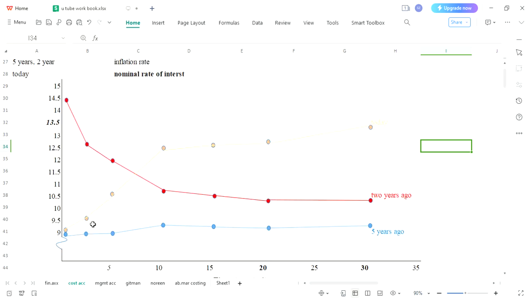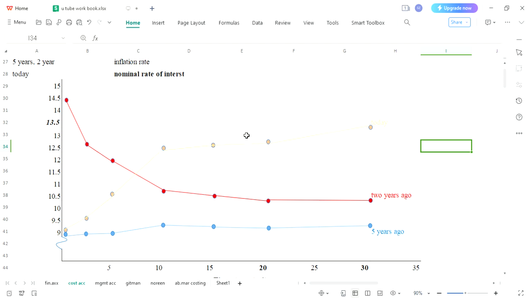Now you can see orange is showing upward sloping. It is going upward, though after 10 years the rate of increasing return has slowed, or the rate of increase between the first and 10th year was more than the rate of increase from 10 years to 30 years. A little bit of slope was disturbed, but in general you can say from the first year to 30 years the rate has continuously increased.